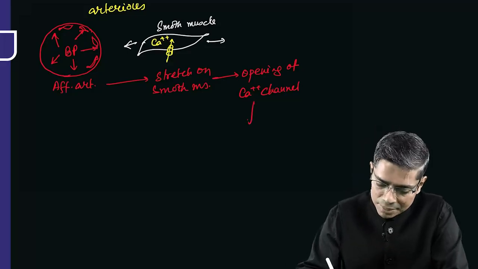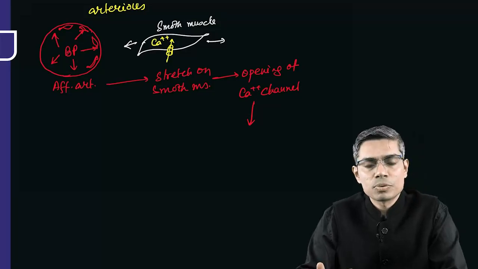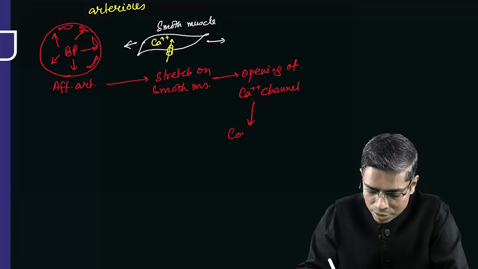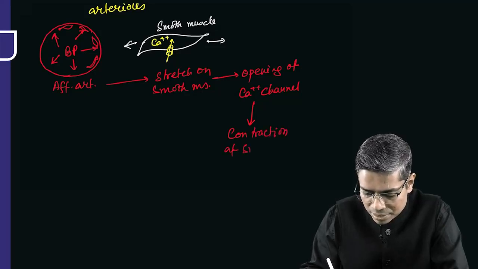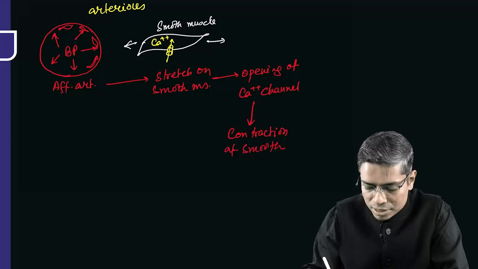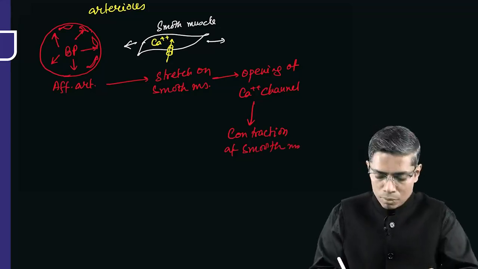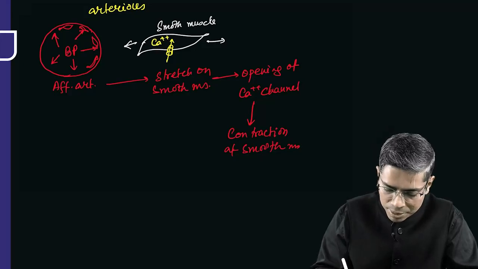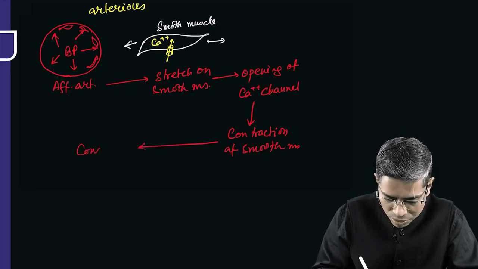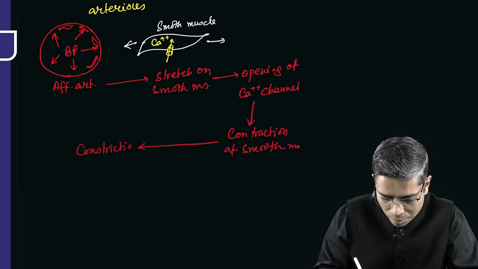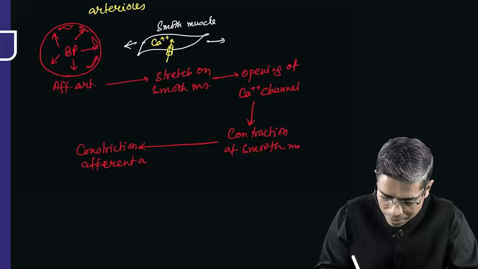And whenever calcium is present in the cytoplasm of cells, what is going to happen? There will be contraction of smooth muscles. And whenever there is contraction of the smooth muscle, what will happen? There will be constriction of these afferent arterioles. Simple.